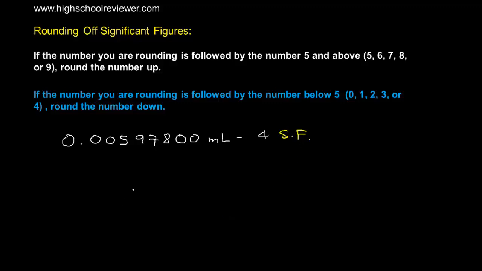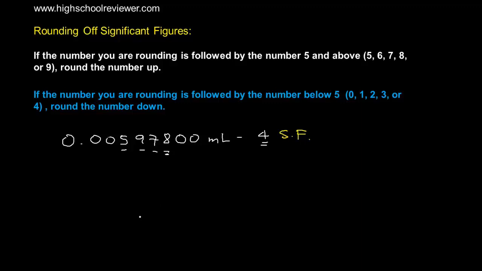So we have here the fourth significant figure. The 3 zeros here are all non-significant numbers. We are going to start our counting at 5. So we have 1, 2, 3, 4. So 8 is our fourth significant figure.